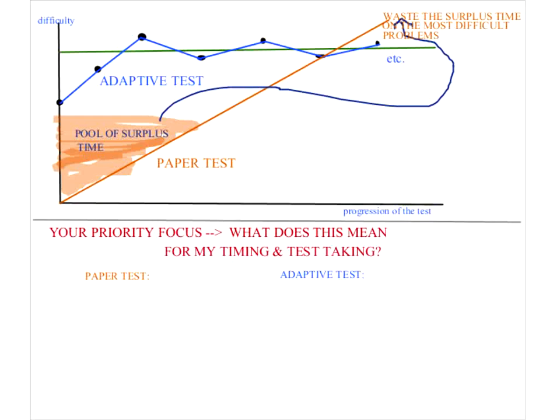So again, with a paper test, there are lots of factors that change the timing. In particular, caps off, no caps on. You build up a pool of surplus time on an initial bunch of easy problems.